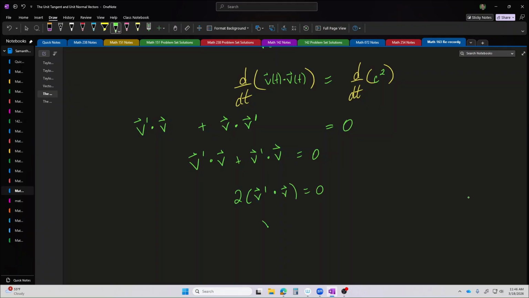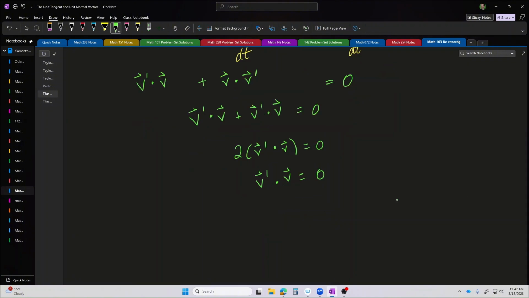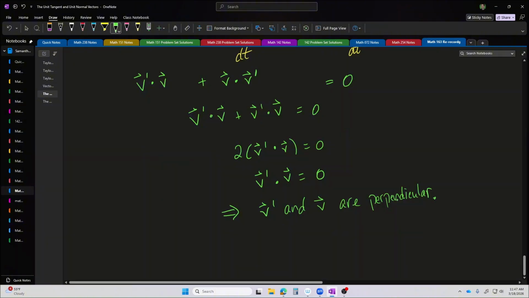So what I see here is I have 2 times v prime dot v equals 0, which means that v prime dot v must equal 0. Now remember that when you dot two vectors together and get a result of 0, that only happens when the two vectors are perpendicular to each other. So by this we have successfully proven that v is perpendicular to v prime in the case that the length of v is constant.